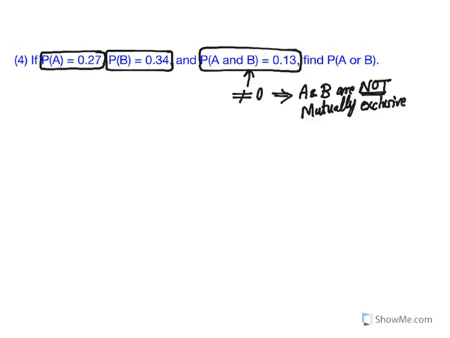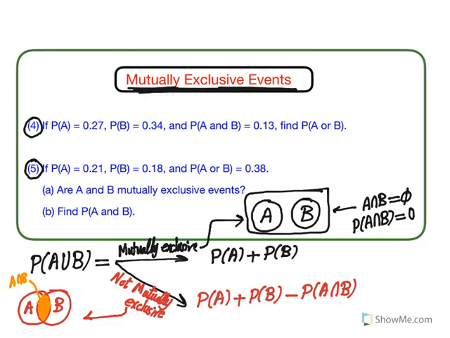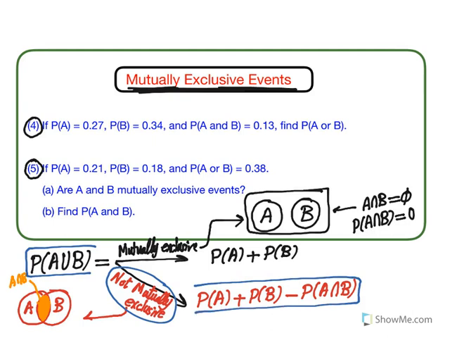And if they are not mutually exclusive, then the probability of A or B is this here: probability of A plus probability of B minus the probability of A and B.